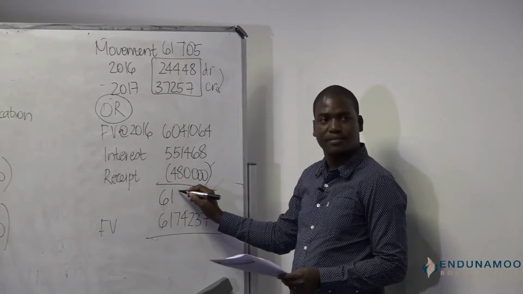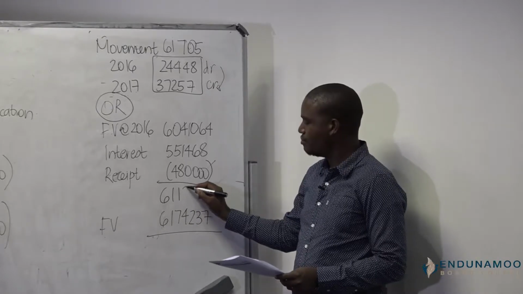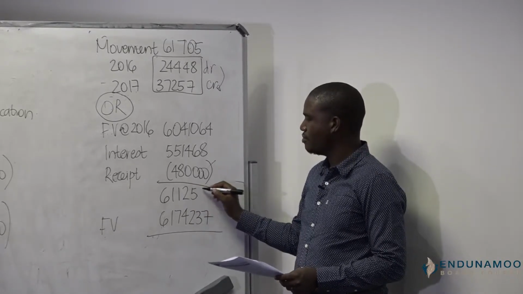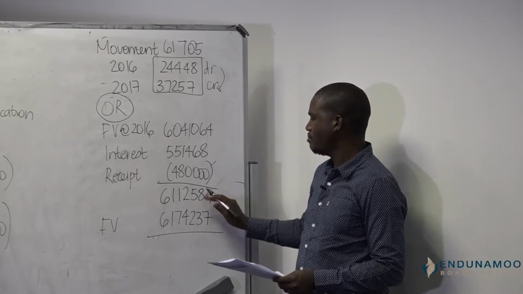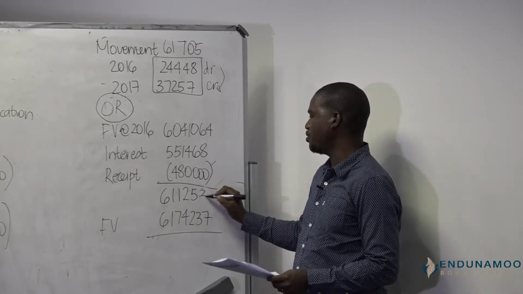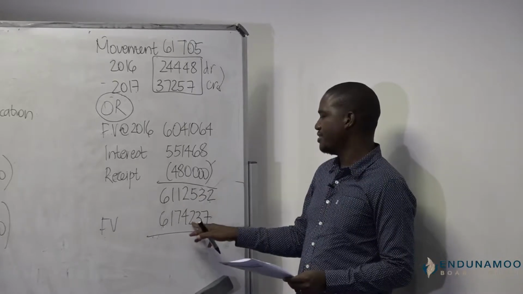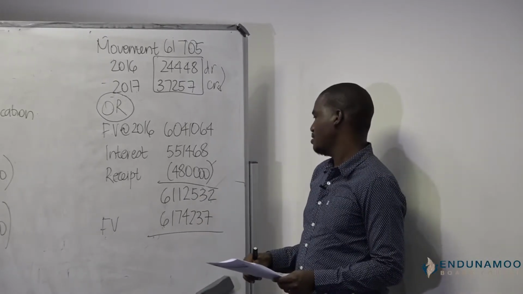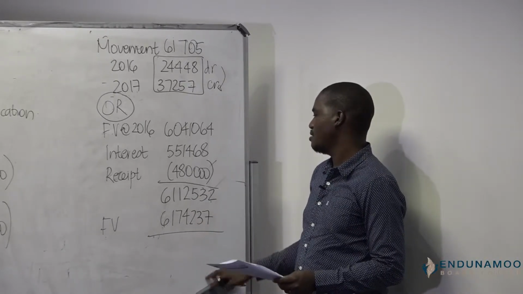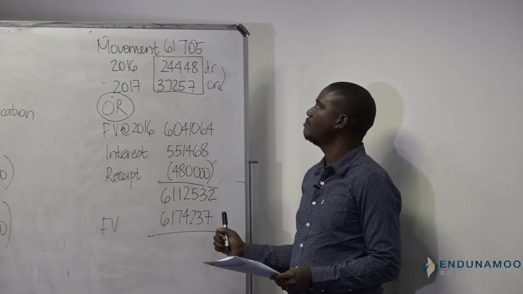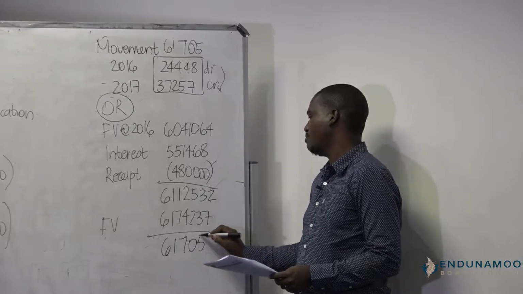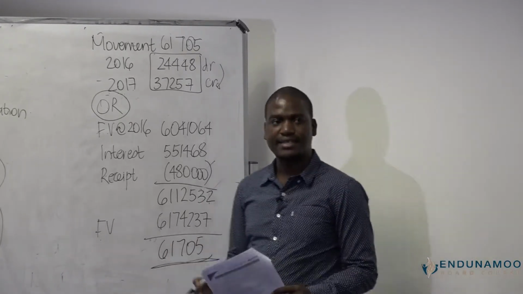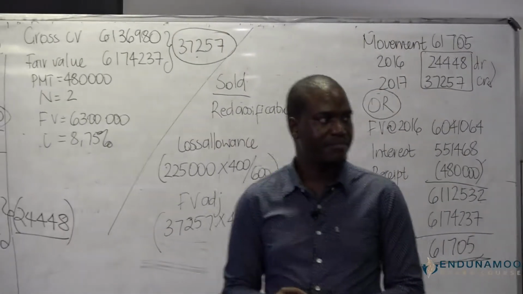Six, one, 532. This minus this. So these are the accepted techniques to get to that number there.